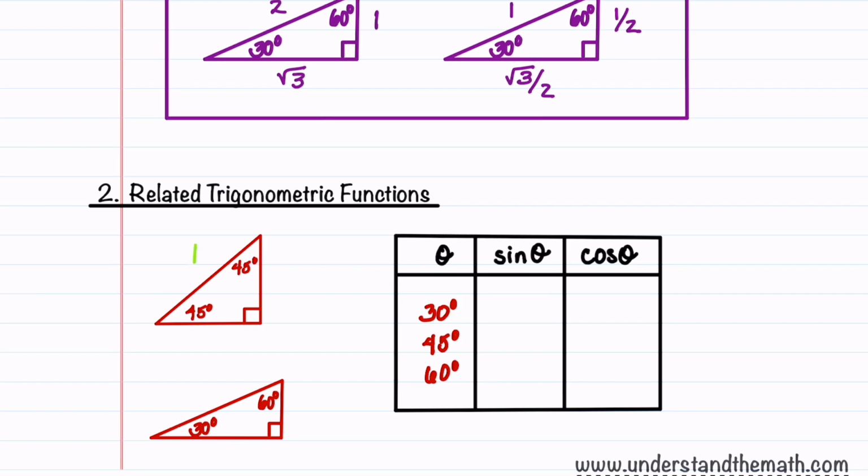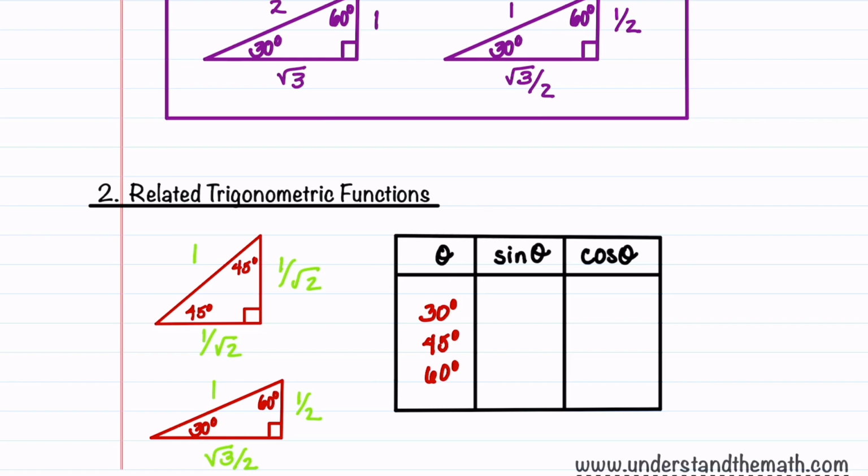So we have a 1, we have a 1 over root 2, a 1 over root 2 for our 45, 45, 90 triangle. For our 30, 60, 90 triangle, our labels are going to be the hypotenuse is 1, the right-hand side is 1/2, and the bottom side is the square root of 3 over 2.